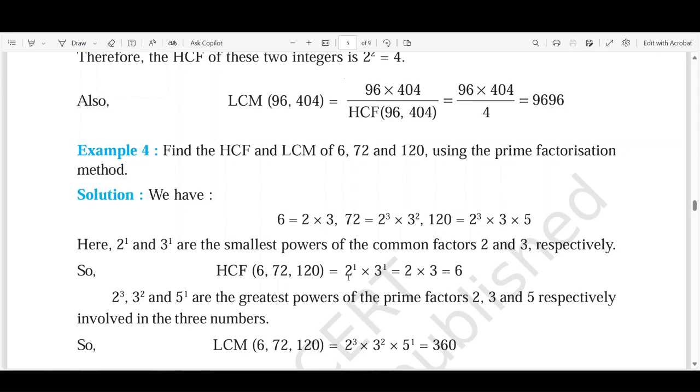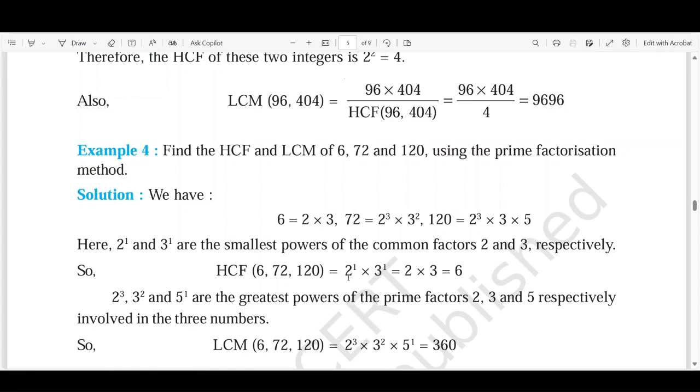In example 4, we have to find the HCF and LCM of three numbers by using the prime factorization method. So if you find the prime factors of the numbers 6, 72 and 120, we are resulted with 2 into 3 for 6, 2 cube into 3 square for 72, and 2 cube into 3 into 5 for 120.